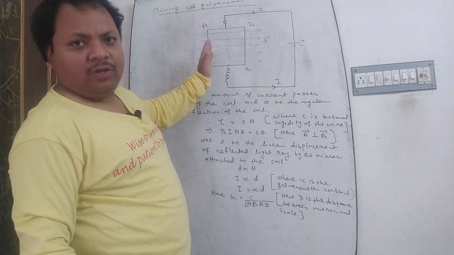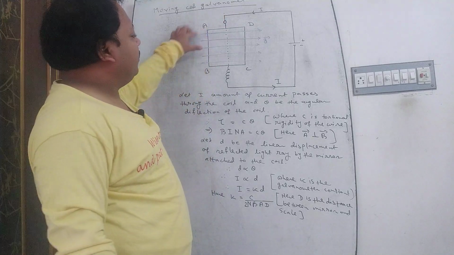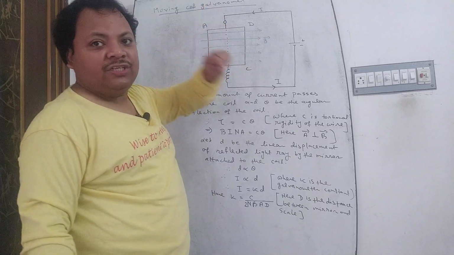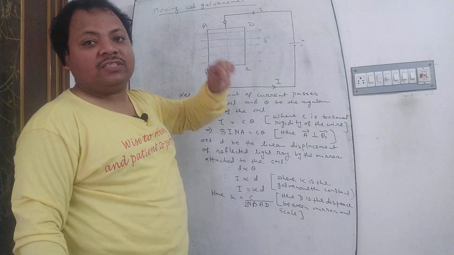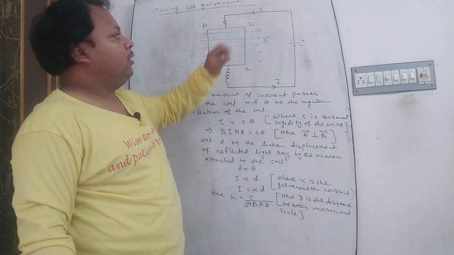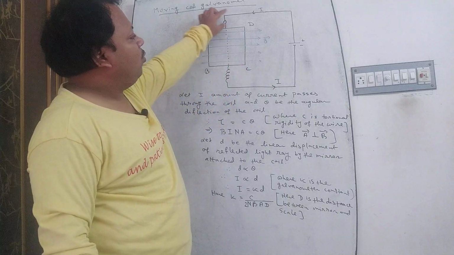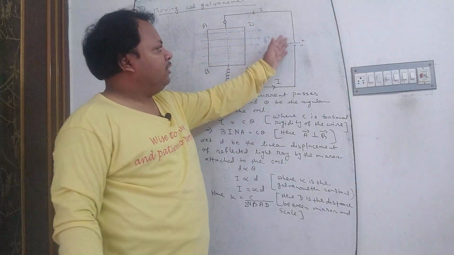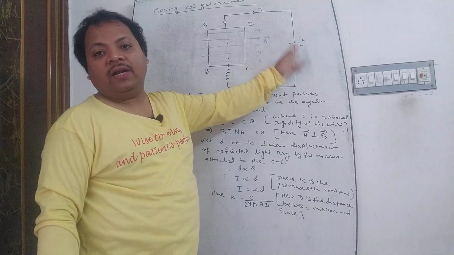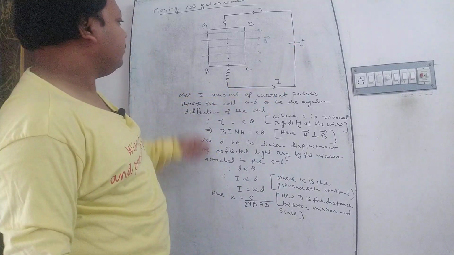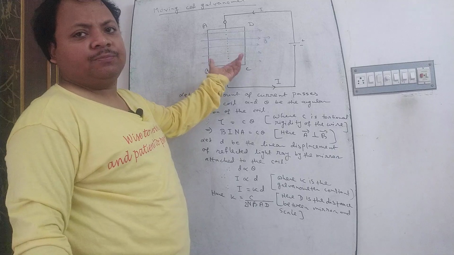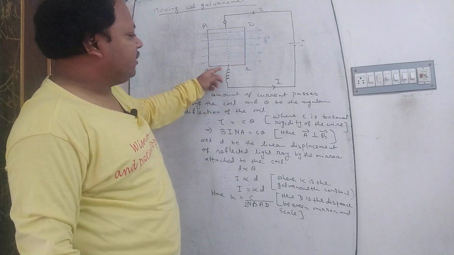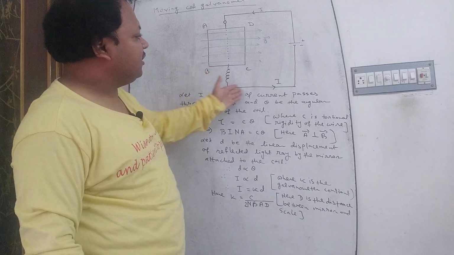In this moving coil, the rectangular coil is suspended from a rigid, non-flexible wire, and this wire conducts a current I, which is connected to a battery. This coil is also placed on a metallic spring.